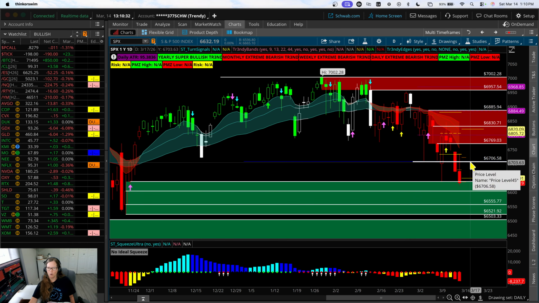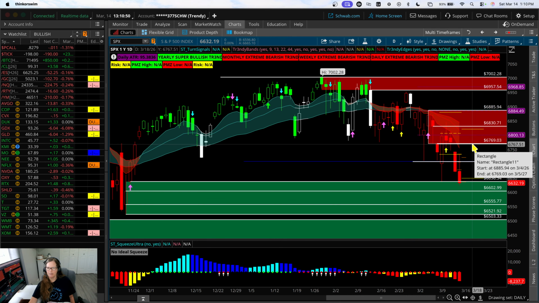That is important because if I'm in swing trades from this demand zone, I need to know when the SPX is getting up to this level to consider taking some profits and moving my stops to break even. As far as supply goes, that's going to be up here at 67.69 by 68.85.